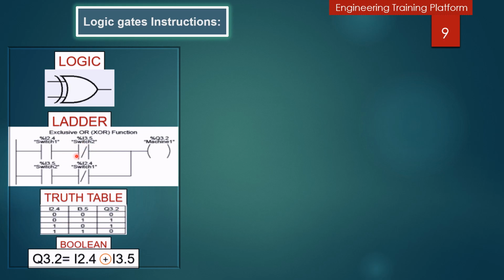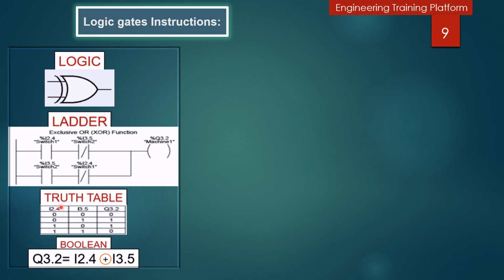When I2.4 is logic 0, there is no operation, and I3.5 is logic 1, then the power will flow from this direction and the output coil will be executed. On the other hand, I2.4 is 1 and I3.5 is logic 0, then the power will flow from this direction and the output coil will be executed.